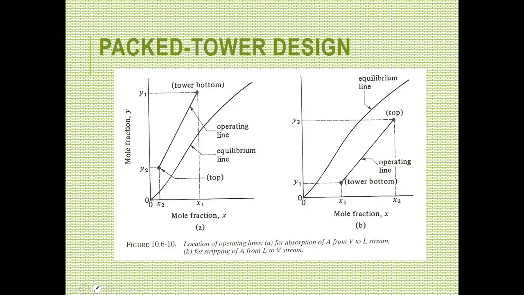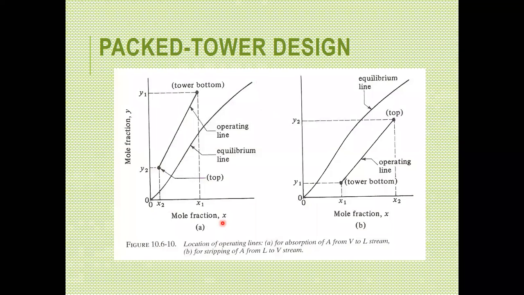What do you mean by that? For example, if your process is an absorption process, you have it in letter A. Letter B here is for stripping. The operating line for a gas absorption process is situated on top of the equilibrium curve. Okay, the equilibrium curve, you know already how it is made.